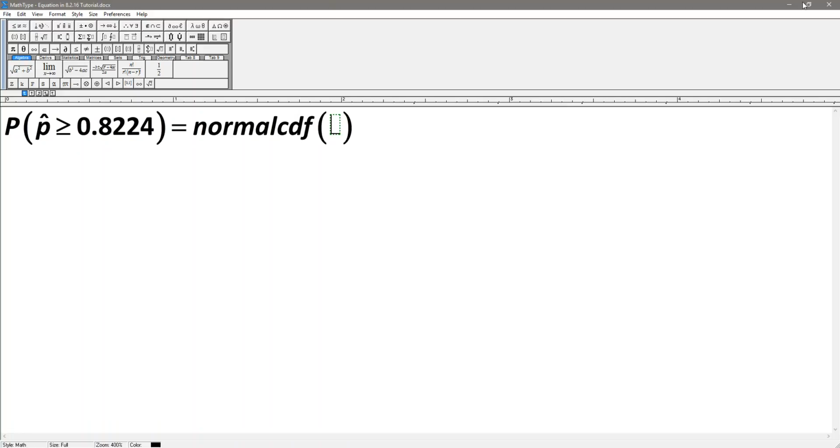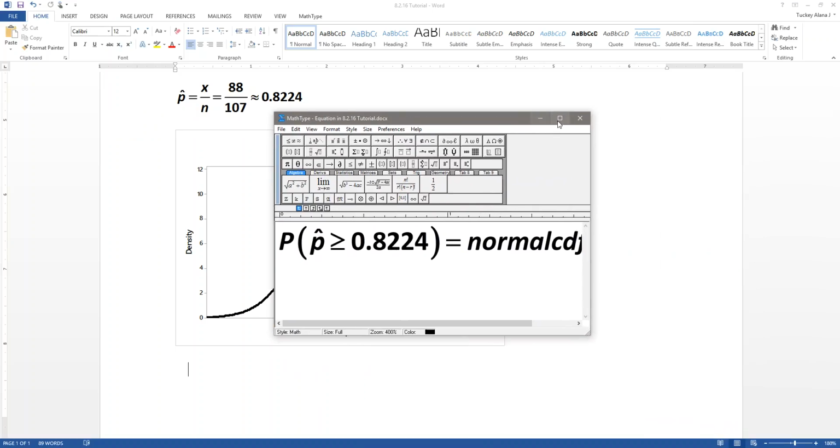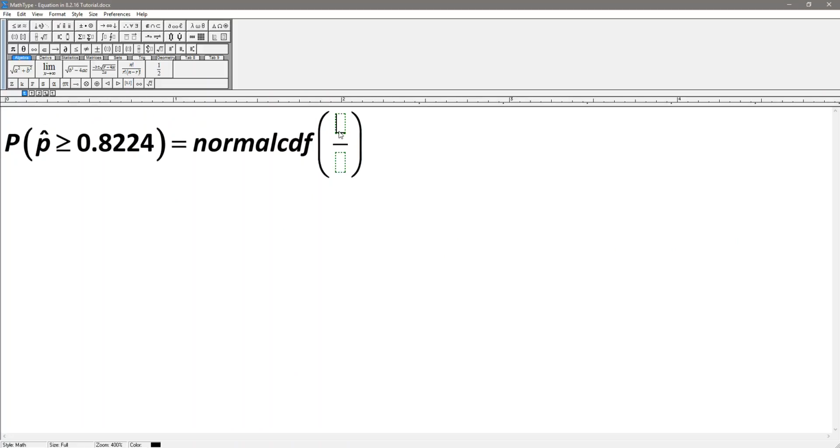If we look at the left-hand edge of what we shaded, it is 0.8224. Now you could put in 0.8224, but that loses some accuracy. So you're better off just doing 88 over 107, comma. And then we know the right-hand edge is 1e99. We've run into that before. It's the forever, because it's going forever to the right side.